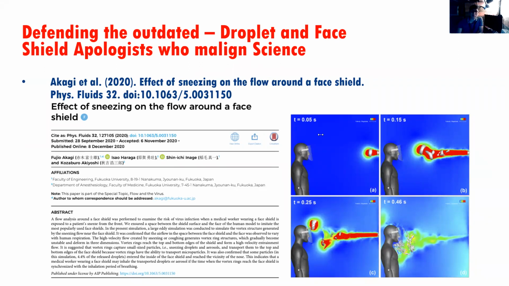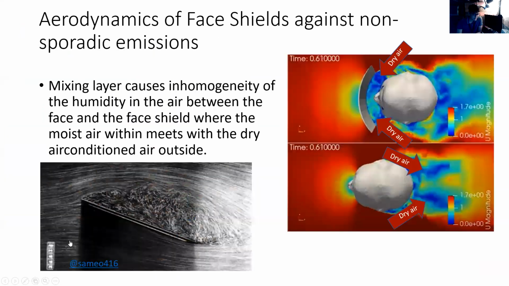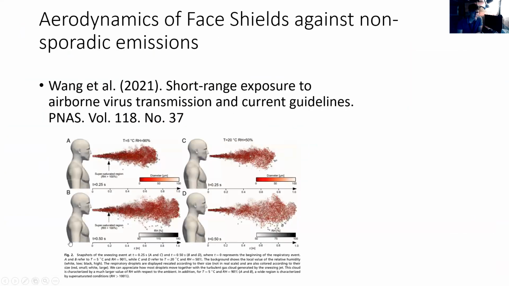If your ambient environment is humid, then it will be less volatile, and the flow will behave better. Looking back at some slides, this is what Wang and his colleagues observed. If relative humidity is 90, and if there's low relative humidity, there's a high difference.